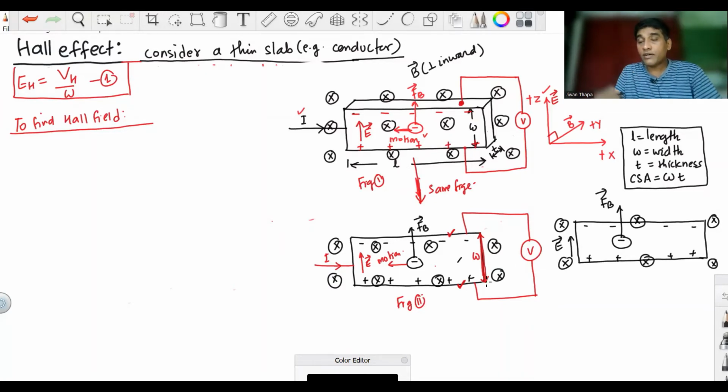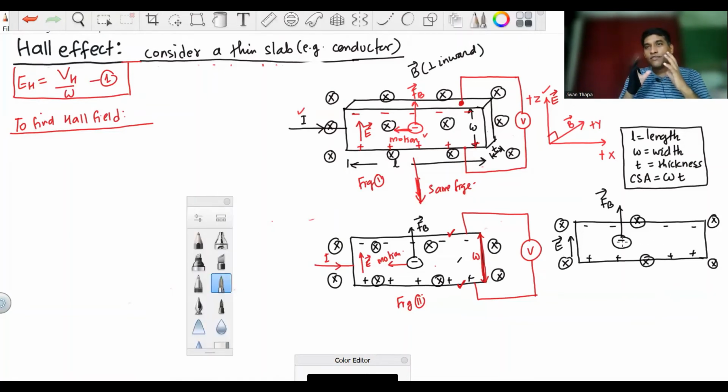Now, in the presence of the electric field, the free electron experiences a force. Since there are many electrons moving along this direction, I'm taking only a single electron, and I want to generalize the concept.